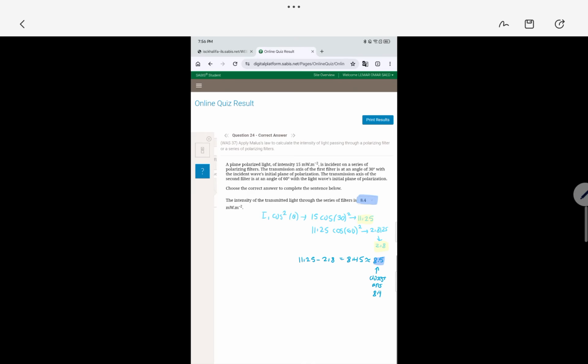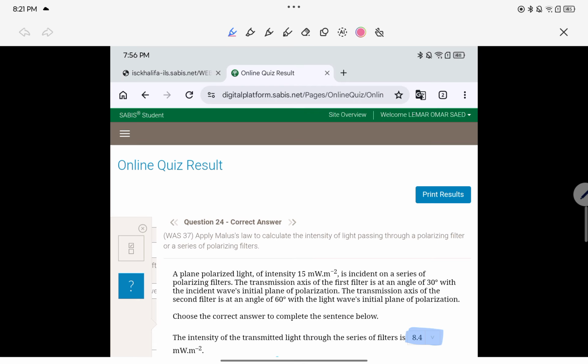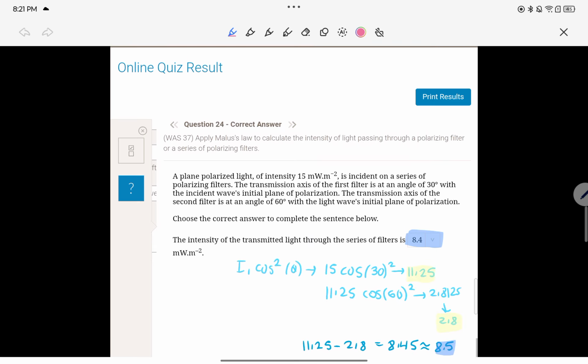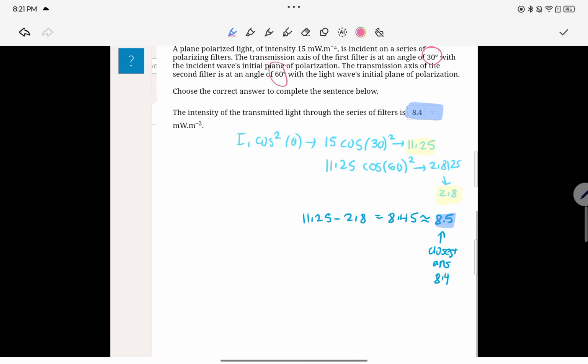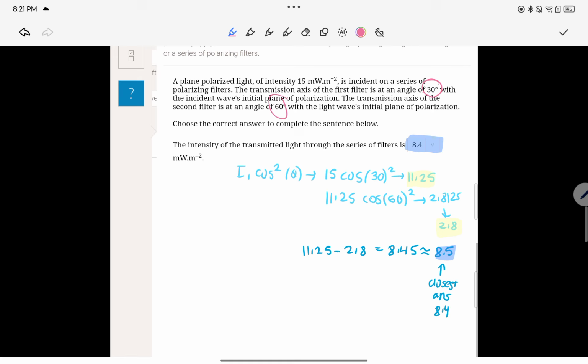This question: the intensity of the transmitted light through the series of filters. We have two, one at 30, one at 60. So, the one at 30, they said it's 15. So 15 cosine 30 squared, 11.25.